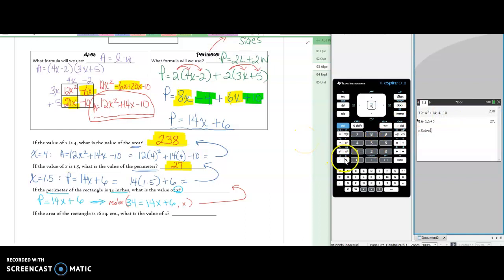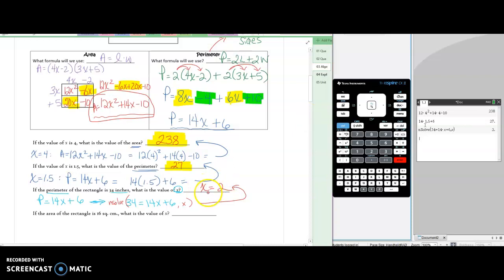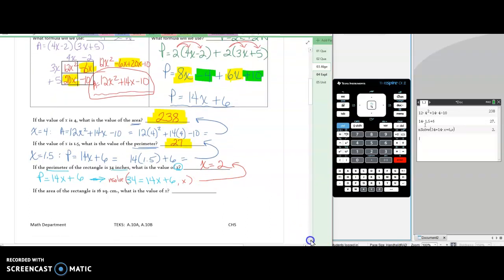I'm going to put this in: 34 equals 14x plus 6. We have to tell the calculator what we want it to solve for, which is x, by doing comma x. And we say enter. It gives us the value of 2. So x is equal to 2.